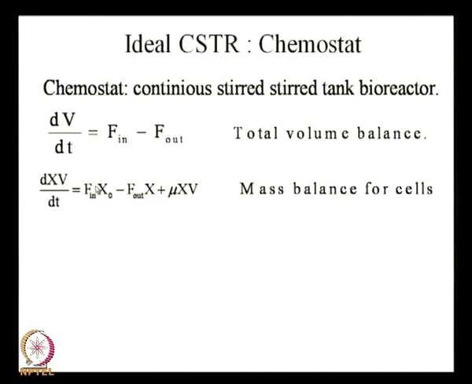So, d/dt of XV equals F in times X naught, where X naught is the amount of cells coming in the feed, so the feed itself can have some cells, minus F out times X, where X is the amount of cells in the outlet product, plus mu times X times V, where mu is the specific growth rate per unit cell, so mu times X is the total for the cells, times the volume of the liquid.